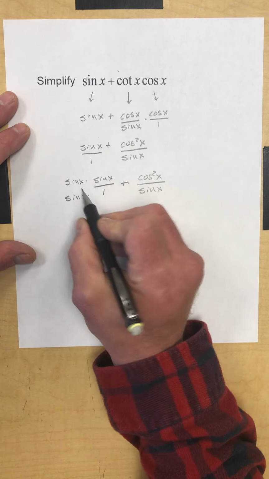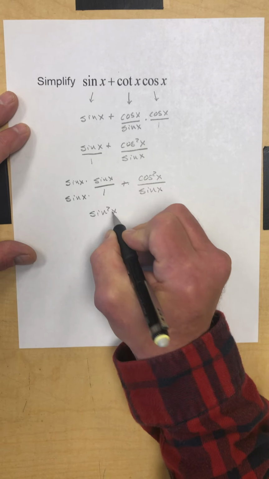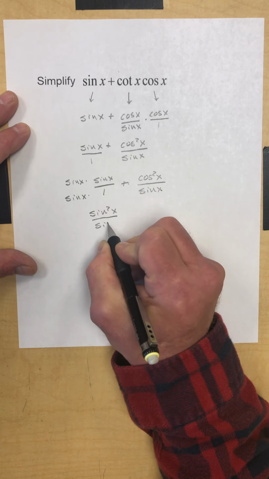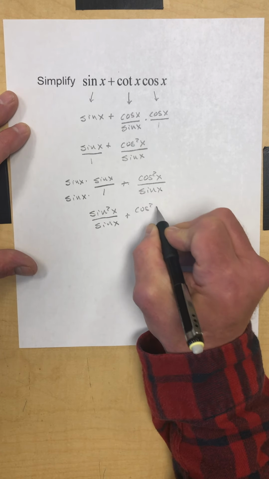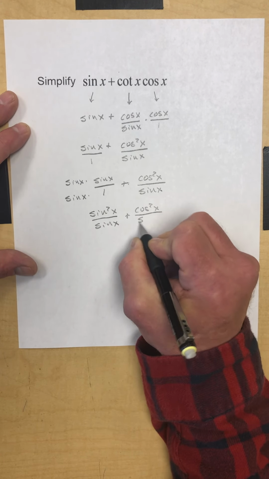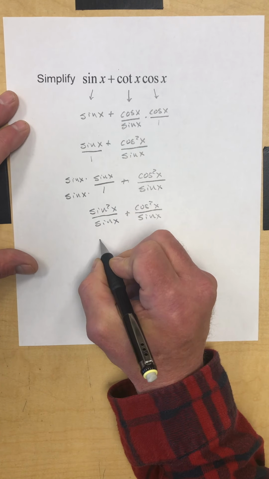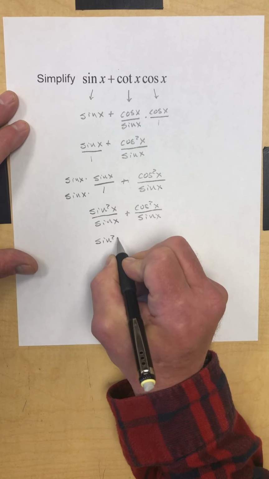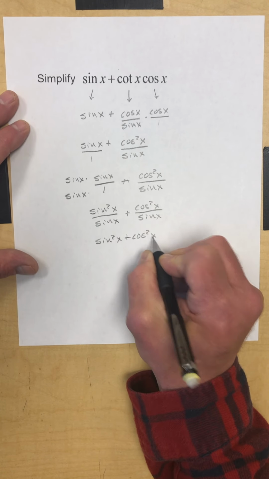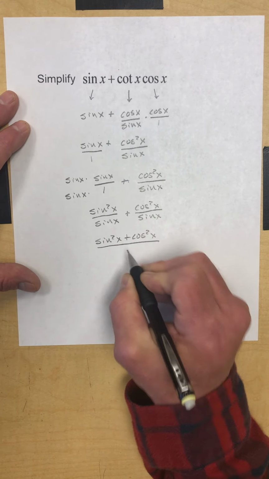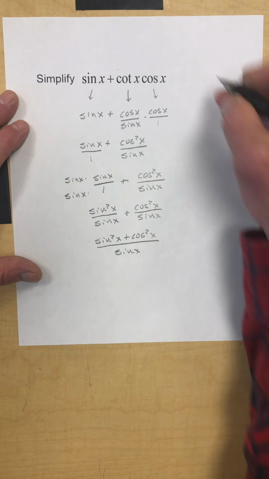So sine times sine, I'm going to get sine squared of x over sine of x plus cosine squared of x over sine of x. And adding them together, I'm going to get sine squared x plus cosine squared x all over sine of x. And look at that numerator.